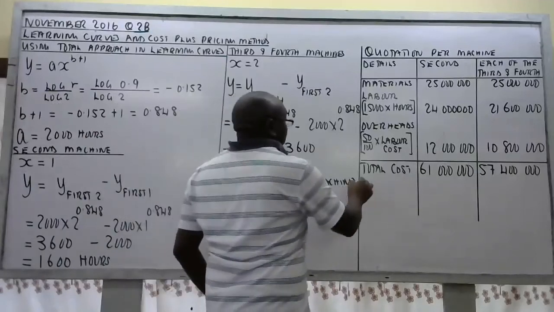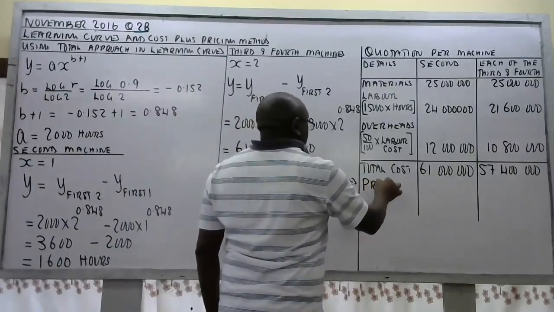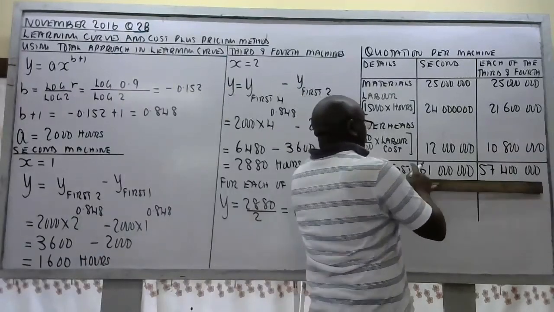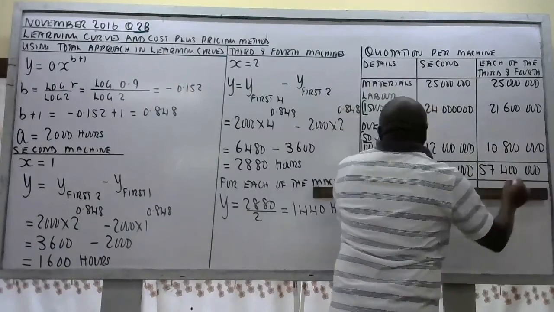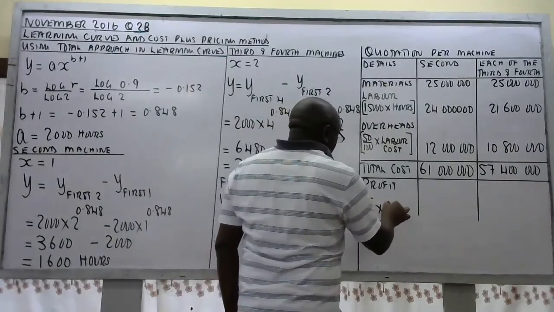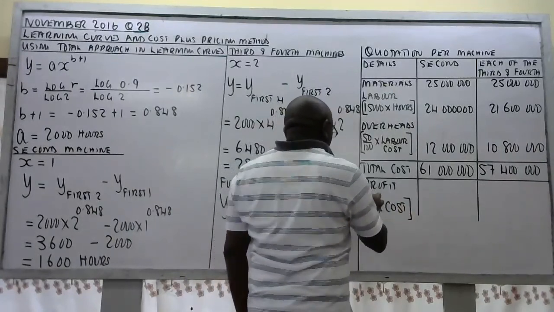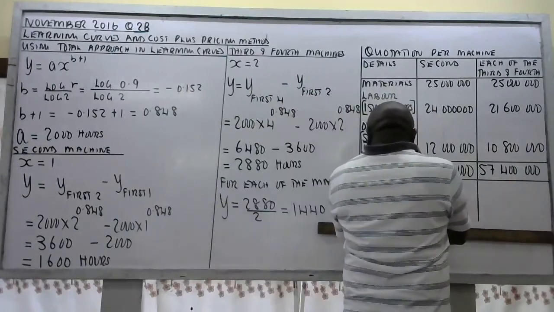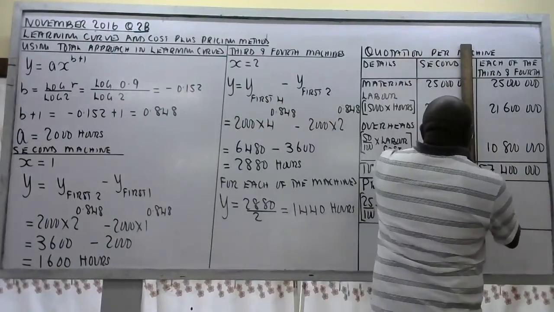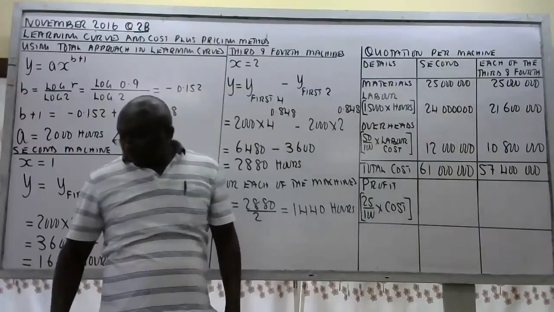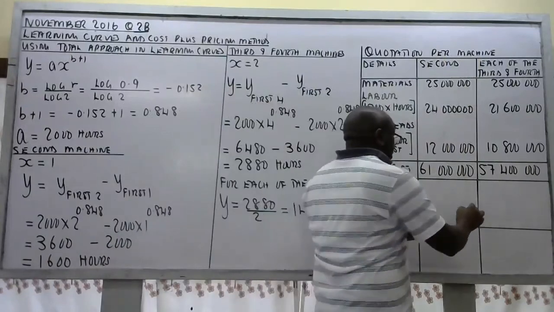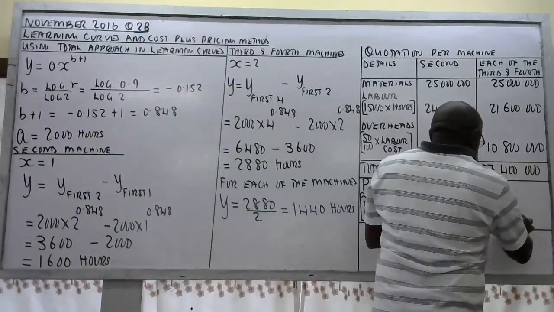Then profits. How is it obtained? It will be 25% of the total costs. So this is 14,350,000.